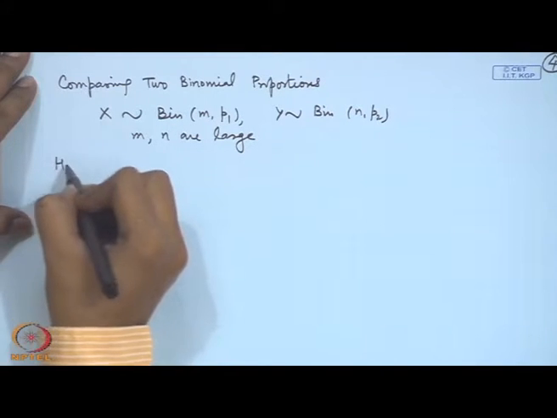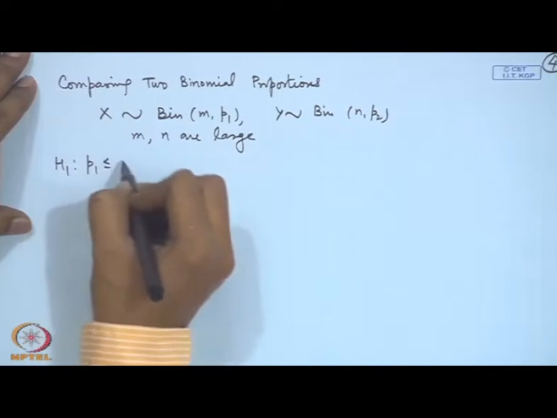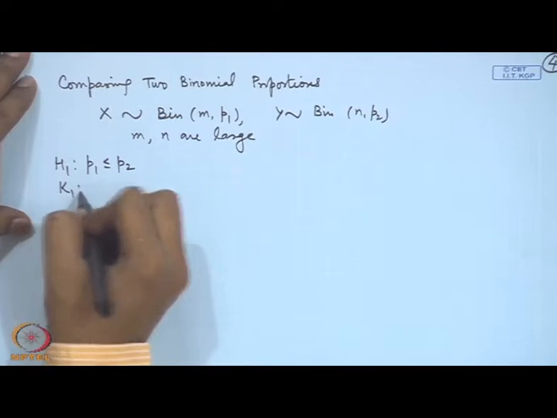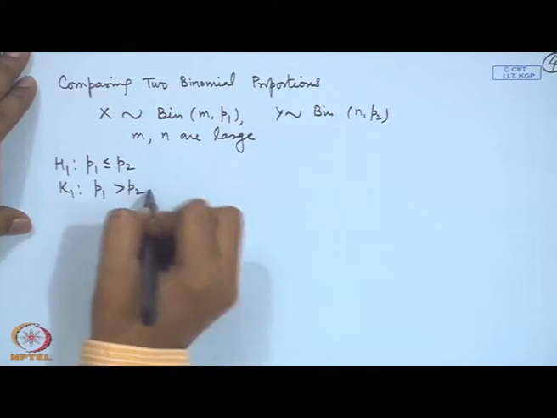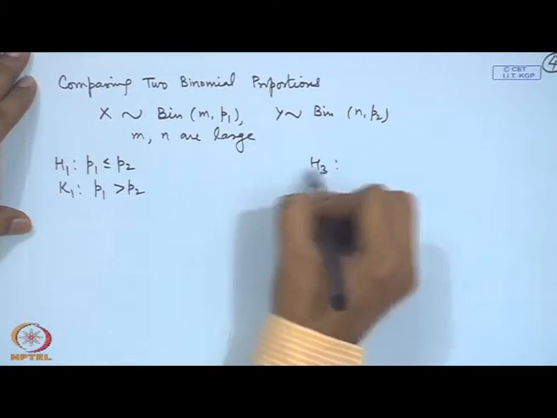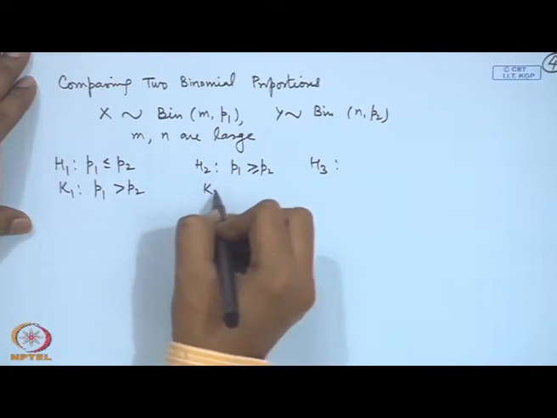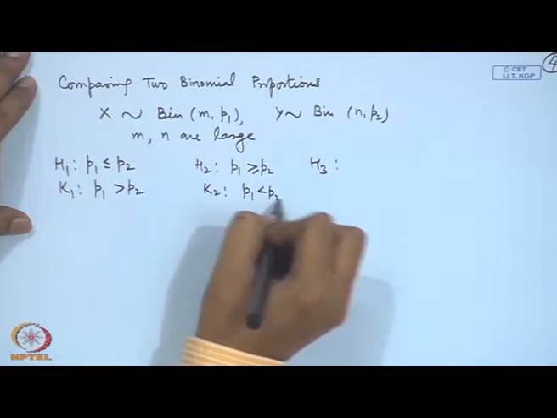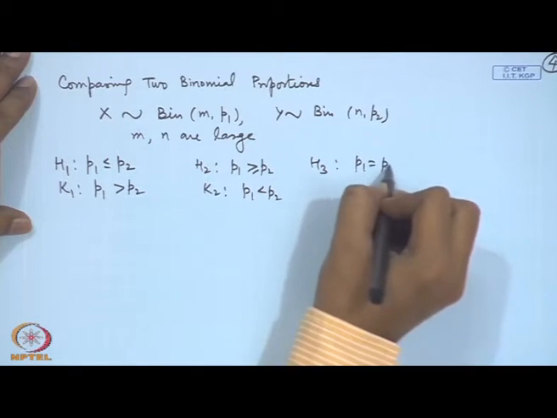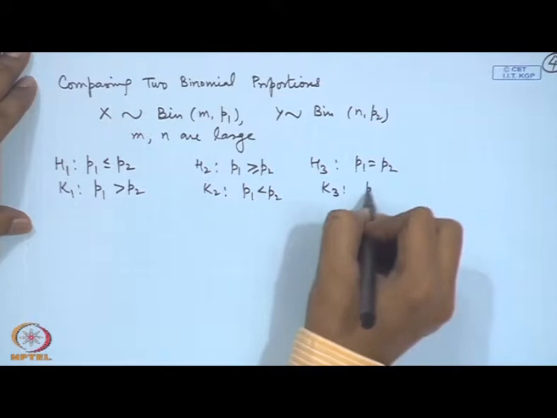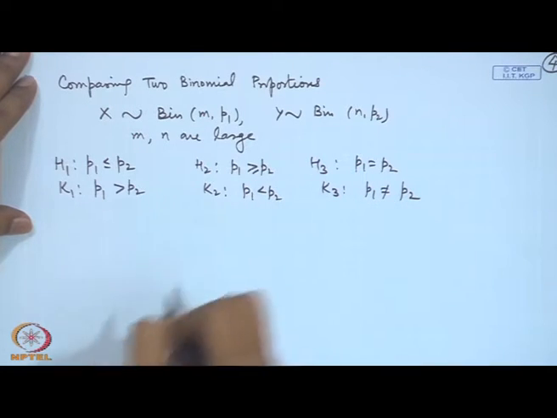We may need to compare p 1 and p 2. So, we can consider hypotheses of this nature: H 2, p 1 greater than or equal to p 2 against K 2, p 1 less than p 2; H 3, p 1 equal to p 2 against K 3, p 1 not equal to p 2.